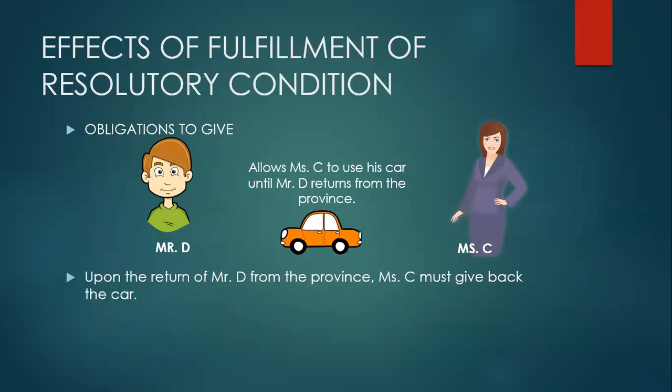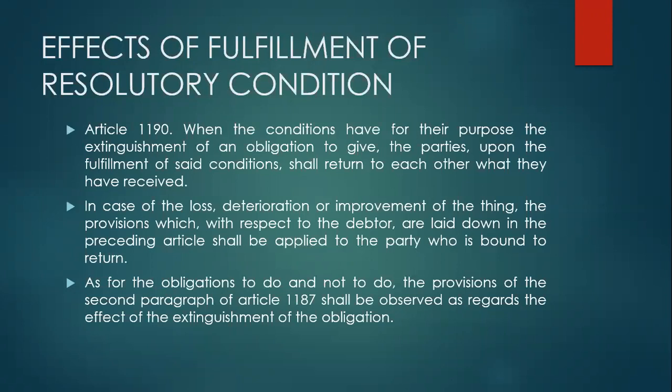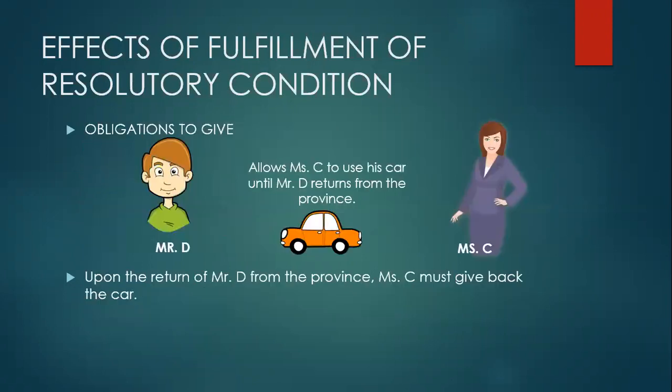But it will be extinguished if Mr. D returns from the province. So, upon the return of Mr. D from the province, Miss C must give back the car. Kasi nga, sabi ng Article 1190, upon the fulfillment of the resolutory condition, the parties shall return to each other what they have received. So, applying that particular provision of the law, Miss C should give back the car to Mr. D.